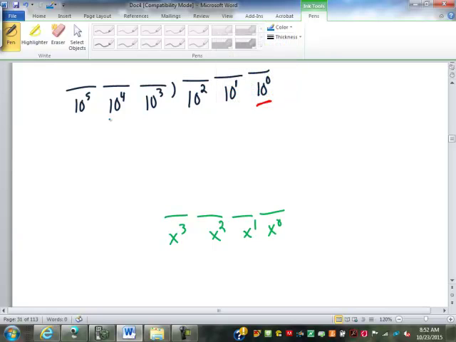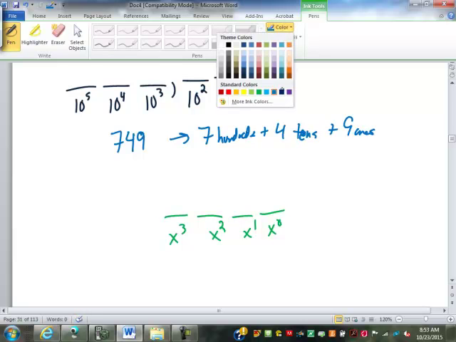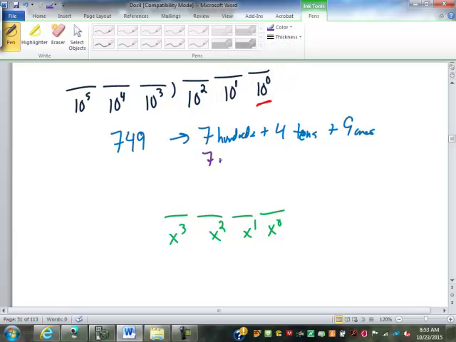If I have a number like 749, if I write that out in expanded form, that's 7 hundreds and 4 tens and 9 ones. Sometimes written as 7 times 10 to the second plus 4 times 10 to the first, or just 10, plus 9, we don't write in the 10 to the 0. The same thing happens down here.